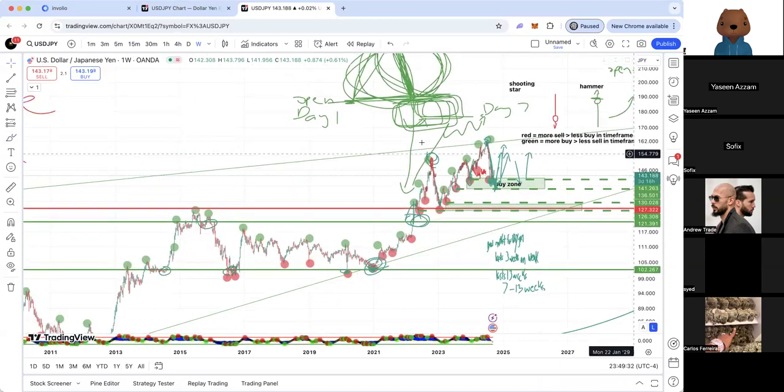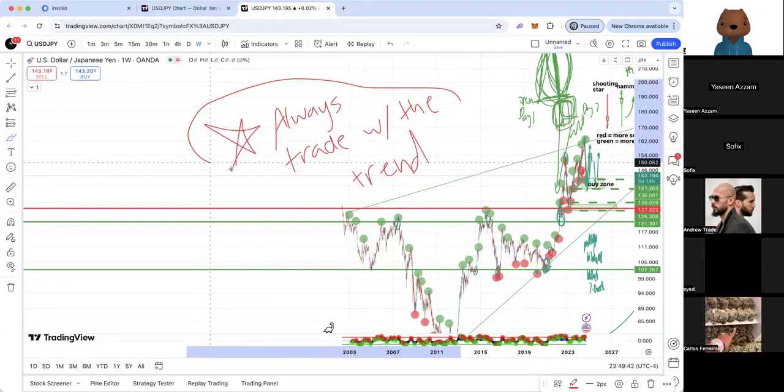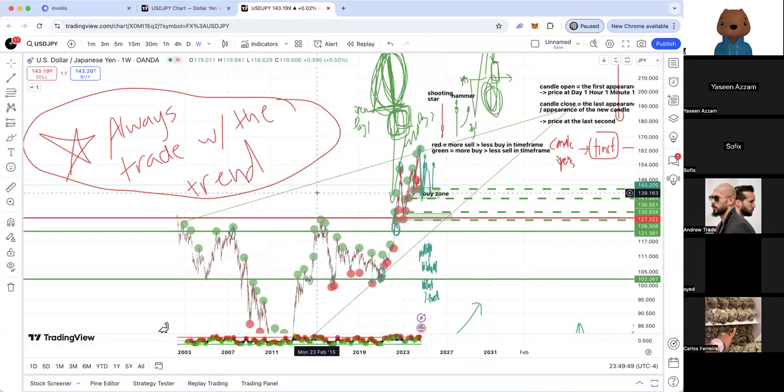Look for longs on this pair. Look for longs. If you want to short it, that's completely fine. I'm not against that. But this is one major rule. If you want to break the rules, that's fine. I break my rules all the time, but you're not going to have a 100% win rate.